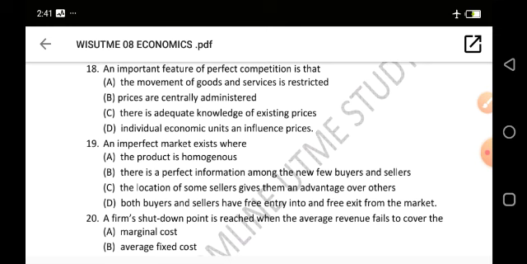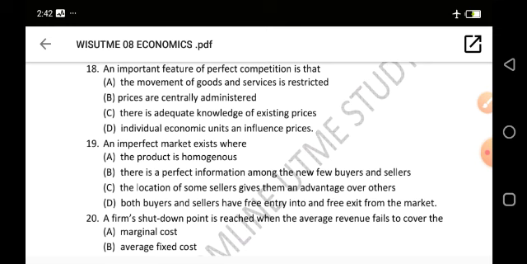B, there is perfect information among the few buyers and sellers. No, that is a good example of a perfect market. C, the location of some sellers gives them an advantage over the others.